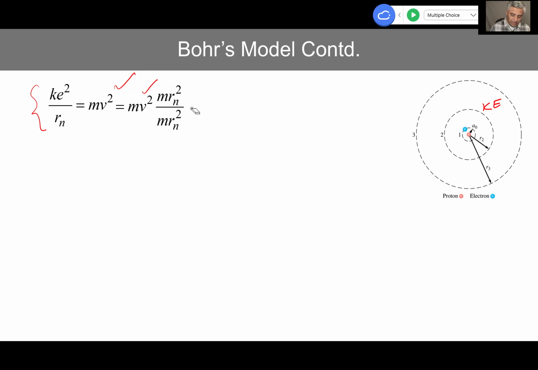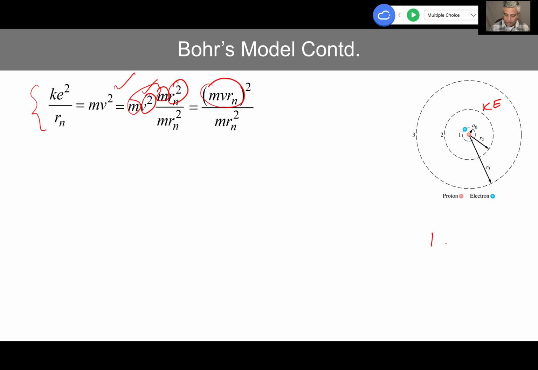If I do that, then it becomes m squared r squared v squared, right? So it's like saying (mrv) squared, and this mvr is the angular momentum. So we want to write this in terms of the angular momentum.